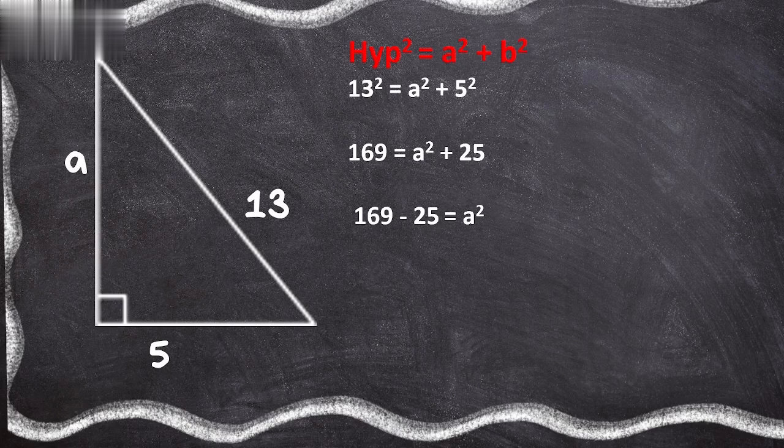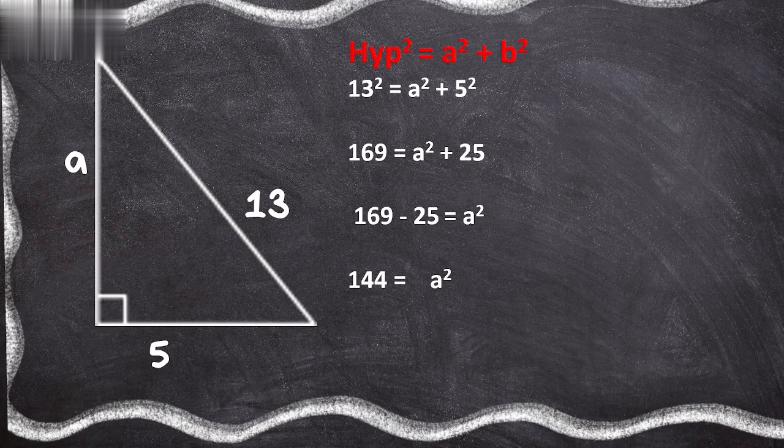Remember, in solving your algebra, once a number crosses the equal sign, if the number is positive, it will go over there to be negative. If the number is negative, it crosses over the equal sign to be positive. So we have 169 minus 25 equal a square. We solve our math. We have 169 minus 25 is equal to 144 equal to a square.